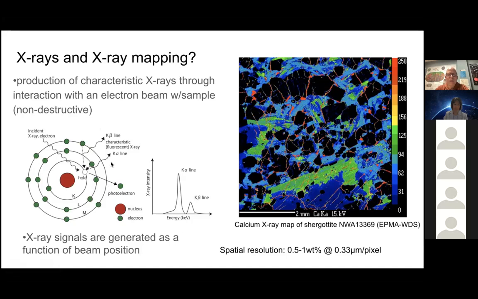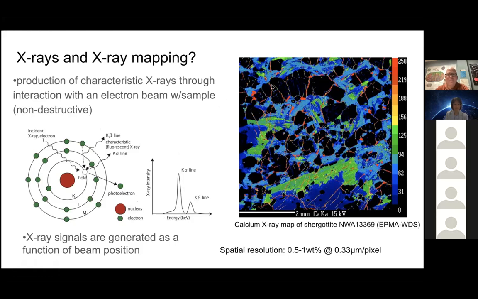When we're measuring the signature of these X-rays, we get a measure of the intensity, the number of X-rays counted, as well as the specific energy level. And typically the energy level that we're most interested in for characterizing a given element in a mineral is this K alpha X-ray.